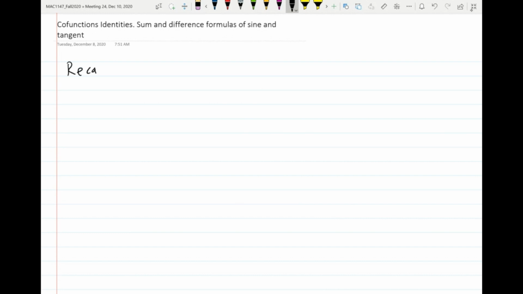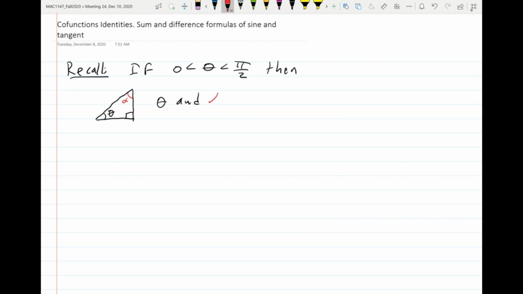So recall. If theta is an angle that's between 0 and pi over 2, meaning if it is an acute angle, it's in quadrant 1, then that means that we can fit theta into a right triangle, right? So say theta is here, and therefore we put it in a right triangle, so there is a corresponding angle called alpha, and the property that we know is that both theta and alpha are complementary.